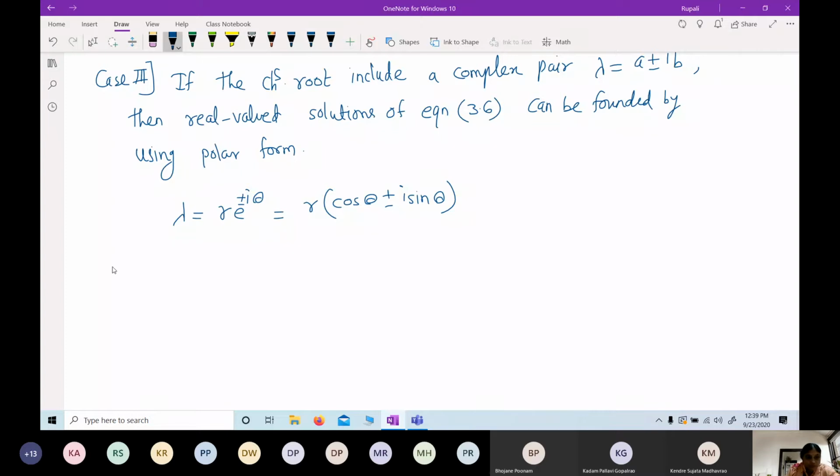Where R is the square root of a square plus b square, and theta is tan inverse of b by a, right? This is the polar form.